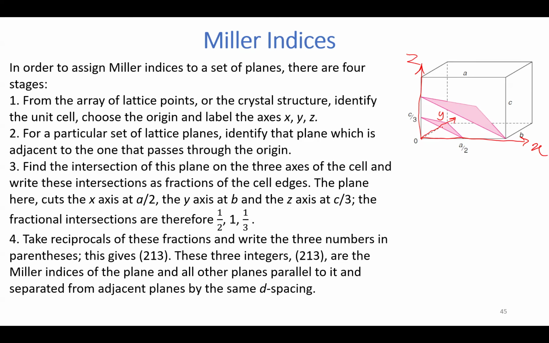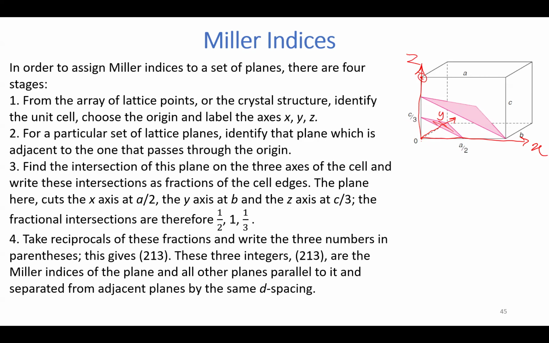So this is closest, but the plane is not going through that particular corner. For this particular plane, you are not going to pick this as origin because it's not the closest.